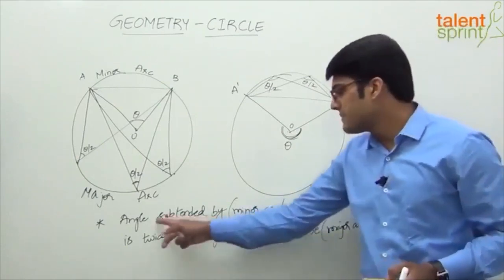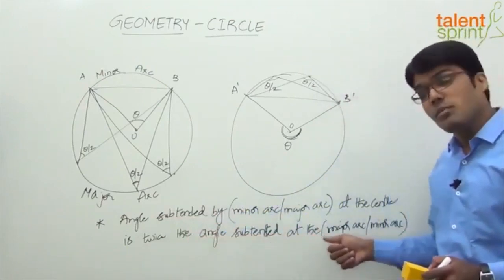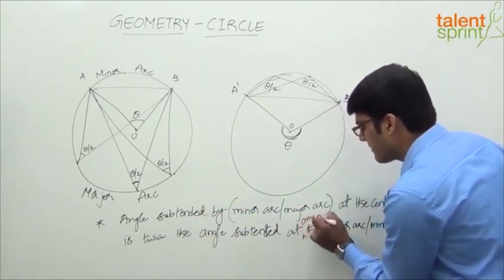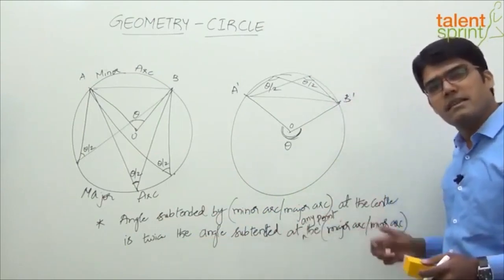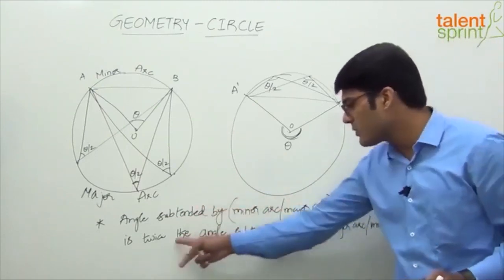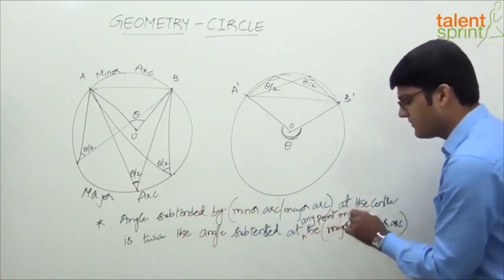Understand? The angle subtended by minor arc at the center is twice the angle subtended at the major arc, at any point on the major arc. Any point you consider, it is always twice the angle subtended at that point. And the angle subtended by major arc at the center is twice the angle subtended at any point on the minor arc. Are you able to follow?